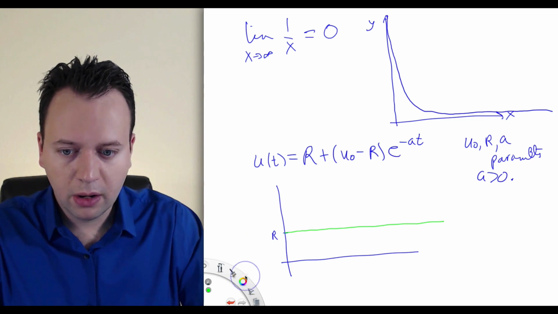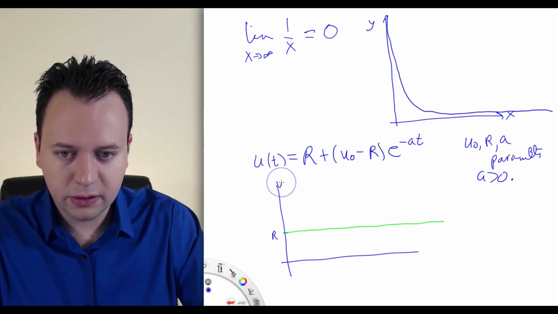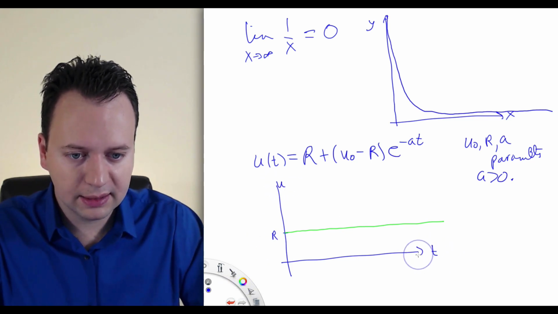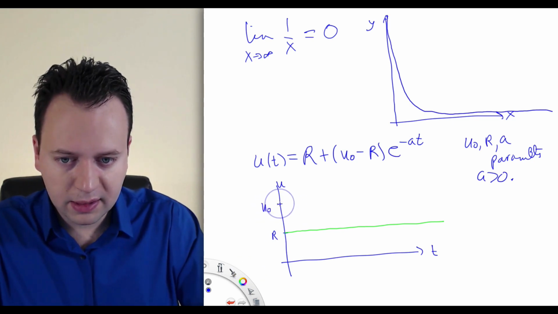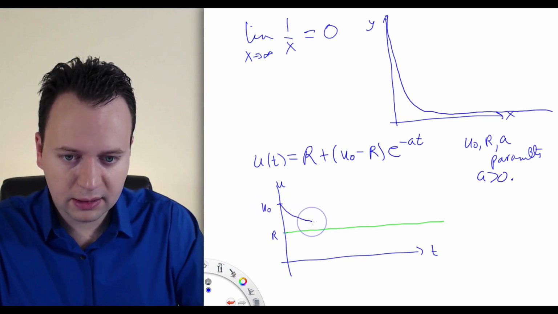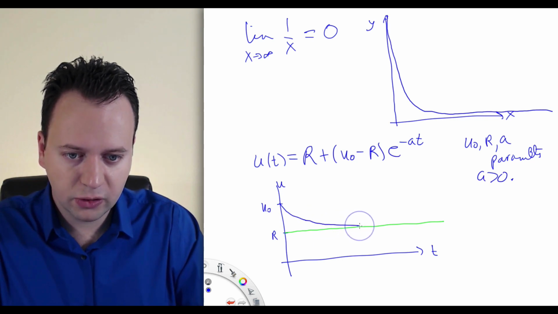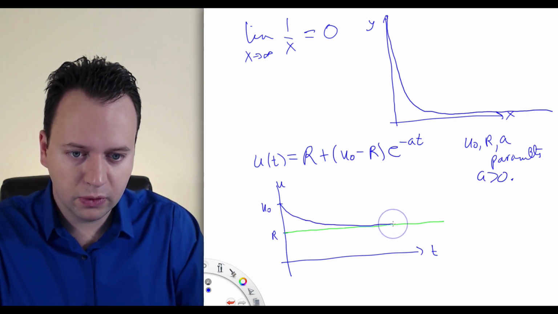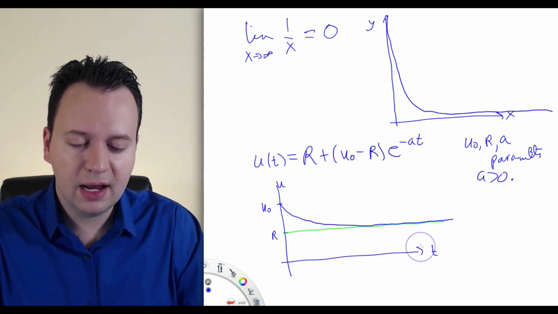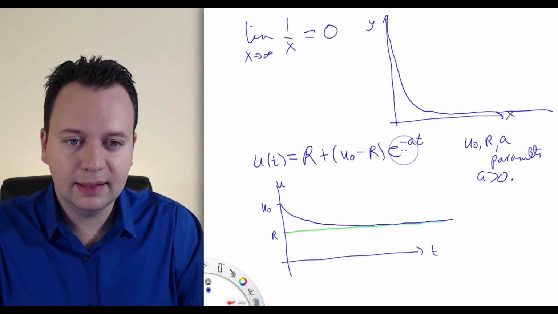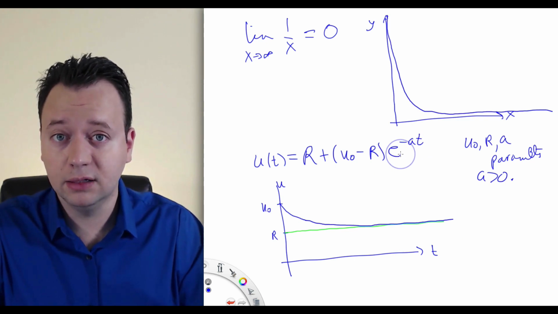So basically we have r. There's u equal to r, so this is the u-axis and the t-axis. And then we had u0. And basically this function looks like this, just exponential decay towards r. It never actually quite gets there, because for any positive value of t, e to the minus at will be some positive number.